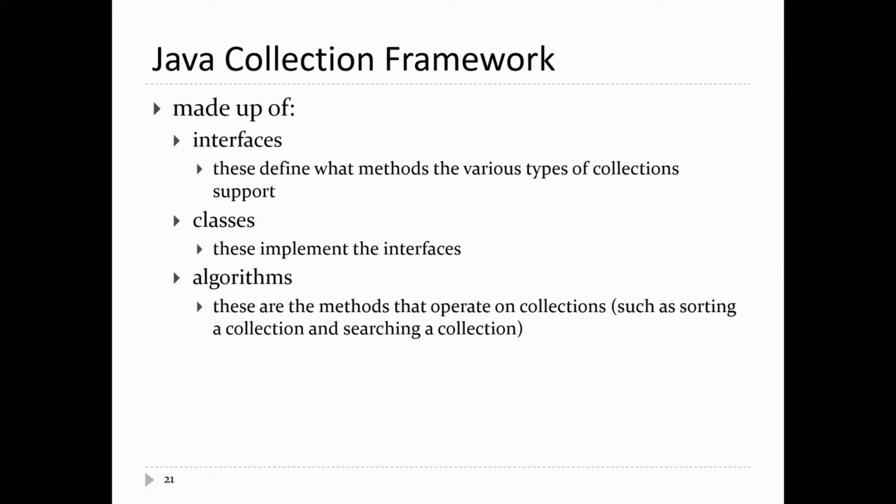And then the library also provides you with a bunch of classes that implement these interfaces. Furthermore, the collection framework also provides a bunch of algorithms that operate on the collections. For example, if you want to sort a list, there's a method that sorts a list. If you want to search a list, there's a method that searches a list, and so on and so forth.